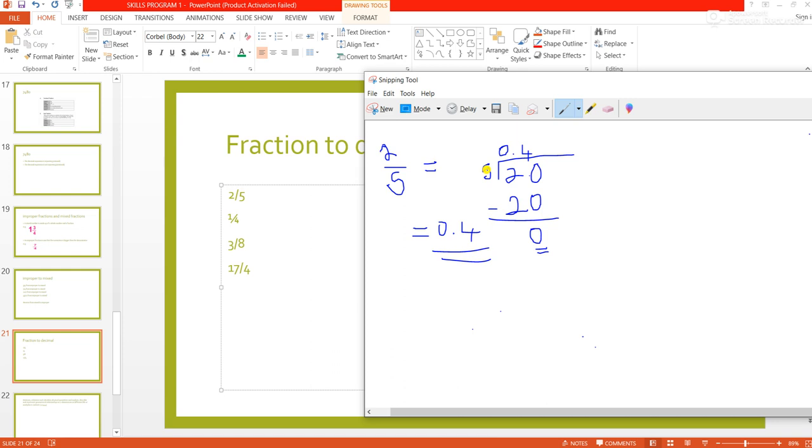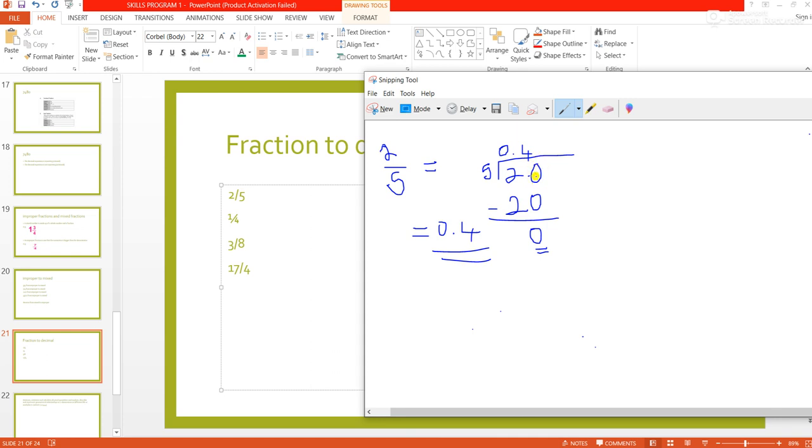How did we arrive there? We took out 5 firstly. The first step was to get 2. How many times does 5 get into 2? It gets into 0, and then we include a 0 onto the next step.